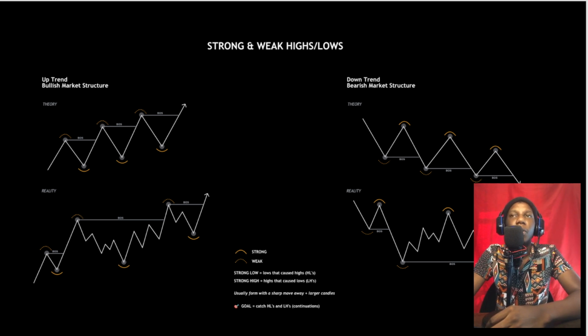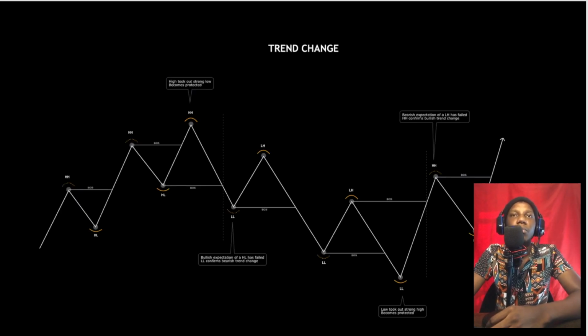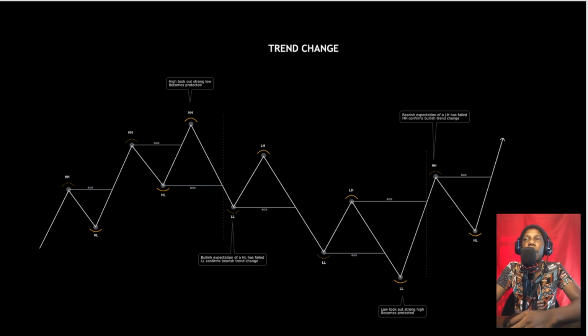All right, so I'm looking at price action again. Looking at price action again, you will see that when the trend changes, then you'll be identifying a lot of change of character.